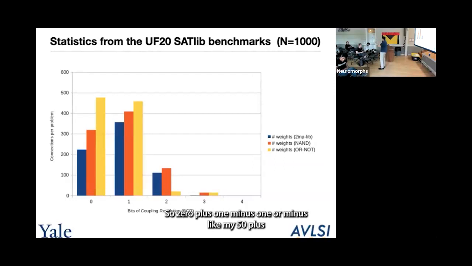So it's minus 1 to plus 1, minus 2 to plus 2, minus 3 to plus 3, minus 4 to plus 4. Pretty simple. Technically there is one more bit, the sign bit attached to each of the bits. This is the resolution of the magnitude.